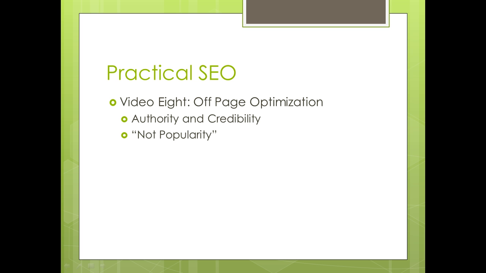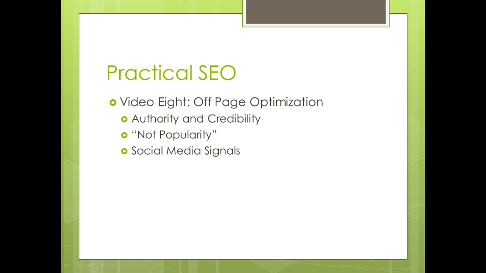Now, it's typically been the case that popularity was not so much of an issue. So in other words, just because you had lots of visitors didn't necessarily mean that you were an authority in the site. And while that for the most part is still true with respect to authority, there are some caveats, and you'll find most of those caveats in the form of social media triggers now.